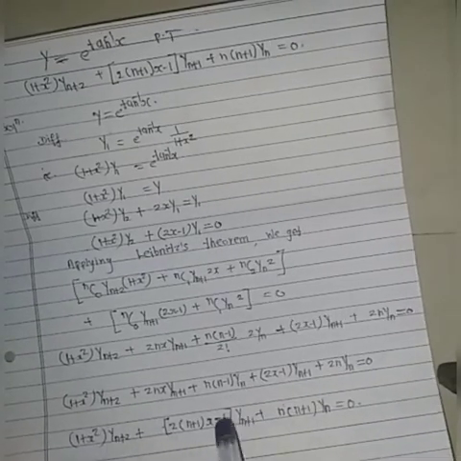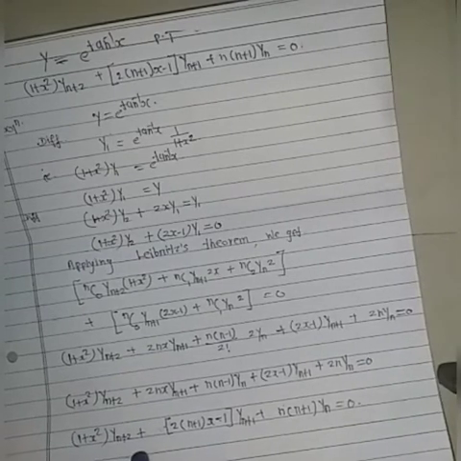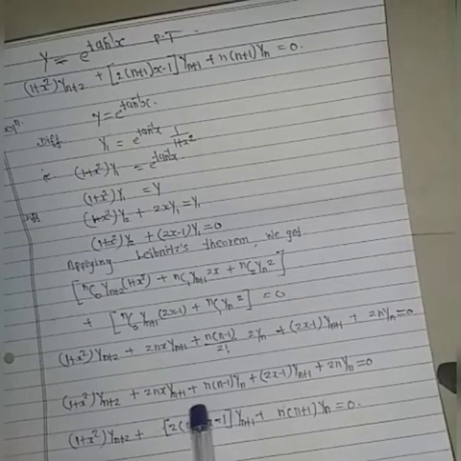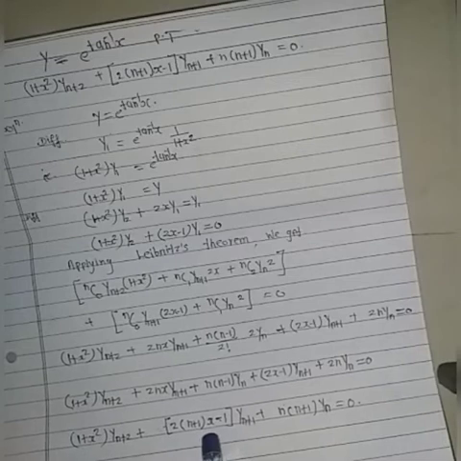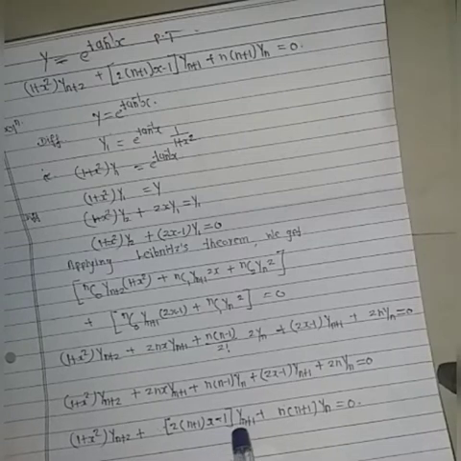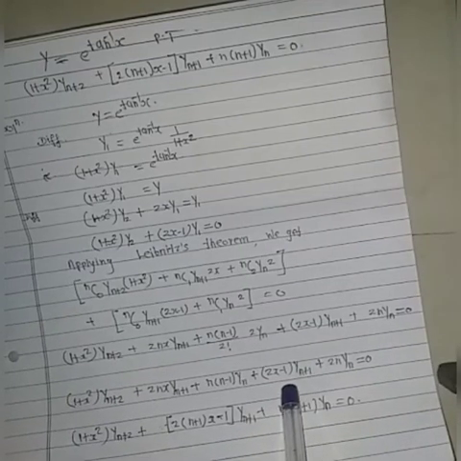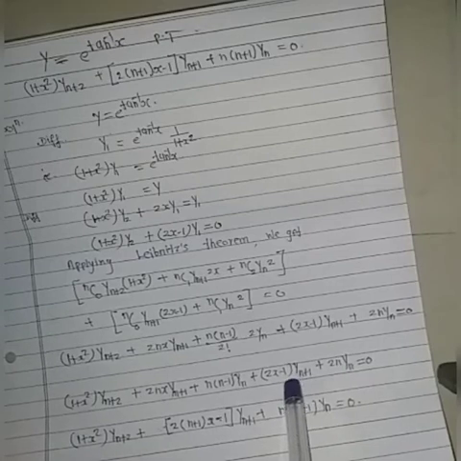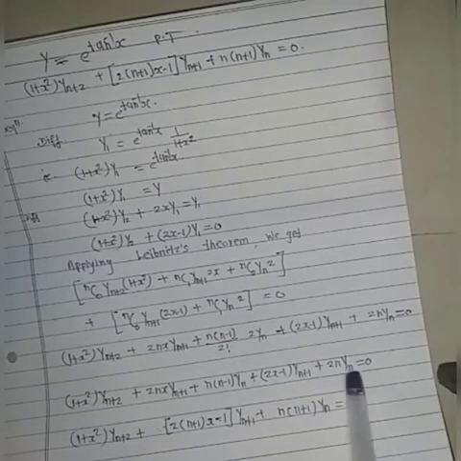So after simplifying we get (1 plus x square) y(n plus 2) plus, we have taken y(n plus 1) common, so that we get (2nx plus 2x minus 1) y(n plus 1), that is 2(n plus 1)x minus 1, plus, here there is yn.